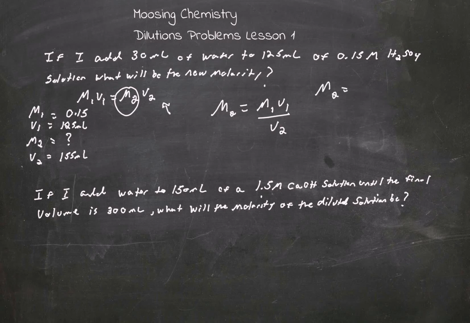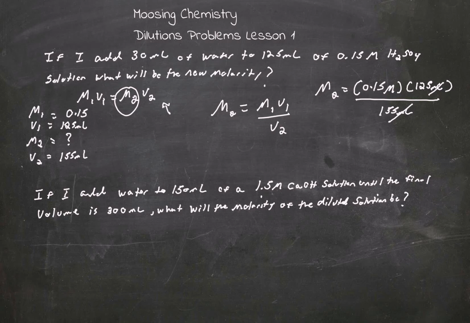M2 equals 0.15 M. Let's make that a capital M. Times our first volume, which is 125 milliliters, divided by our combined volume, which is 155 milliliters. So they cancel out.